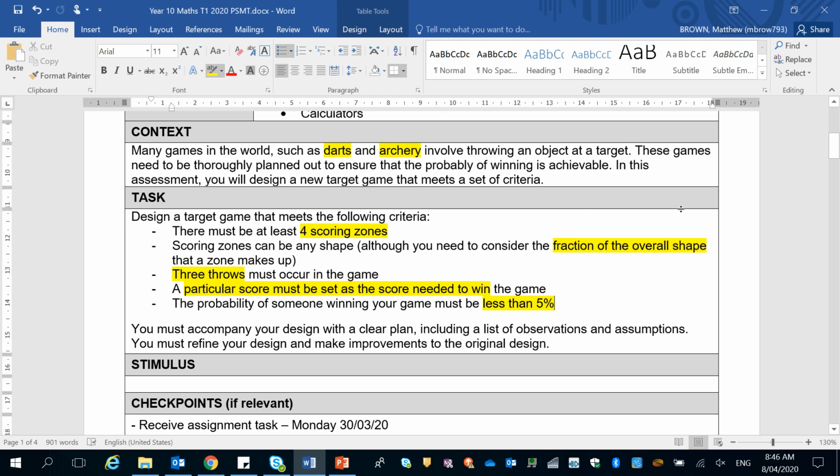You determine what the scoring zones are, so you determine whether a score is worth 100 points, 50 points, 20 points, 10 points, whatever. But you also determine what the fraction of the overall shape is. So if you think you're throwing randomly at the board, the fraction of the board that the zone takes up will determine the probability of hitting it. Okay?